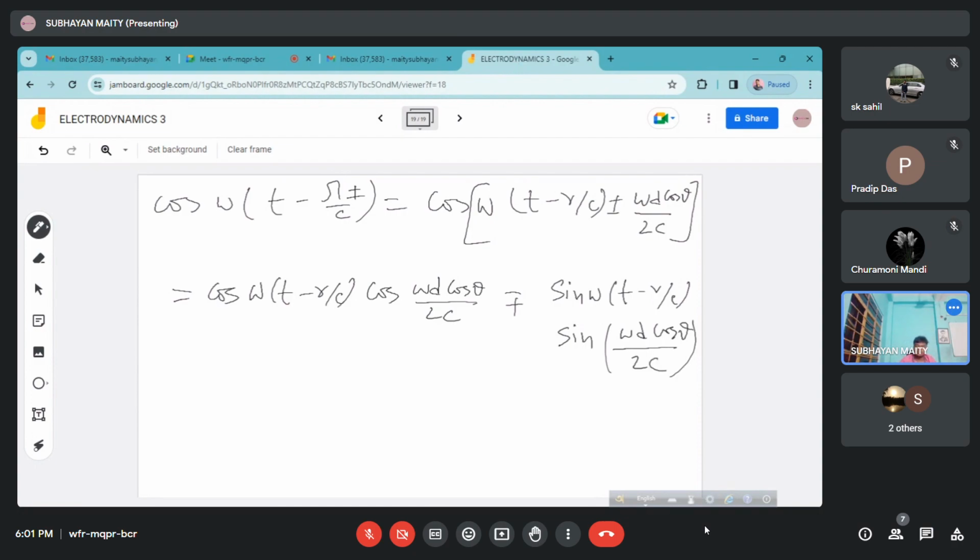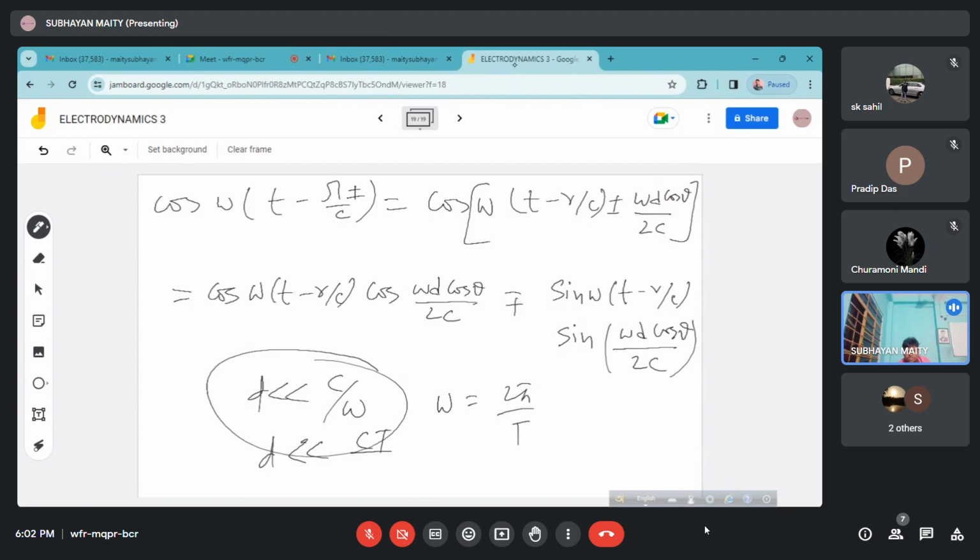Okay. Now here we are taking d is less than c by omega. C by omega has the dimension of length because omega equals twice pi by T. So d is less than cT by twice pi.